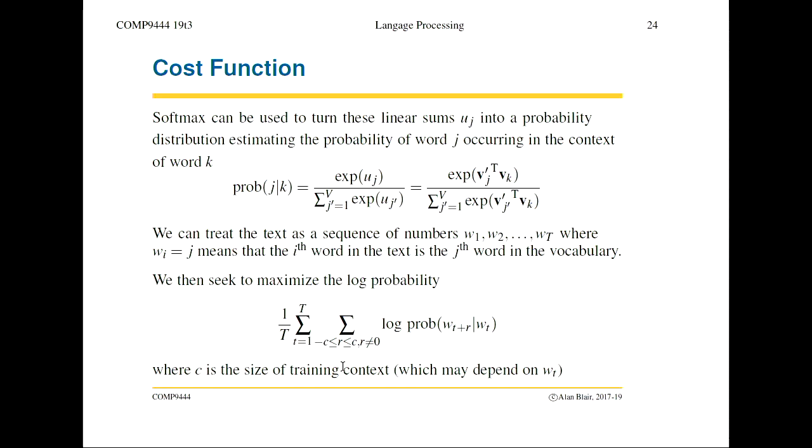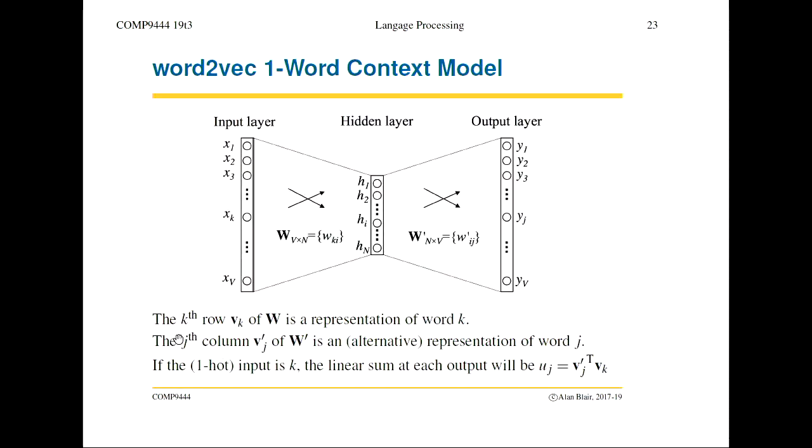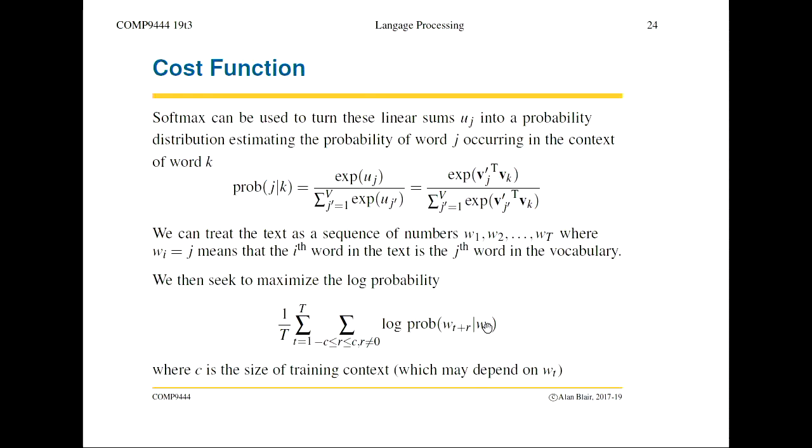And this is saying, for any word, there is a bit of abusive notation here. Wt here refers to the tth word in the document.